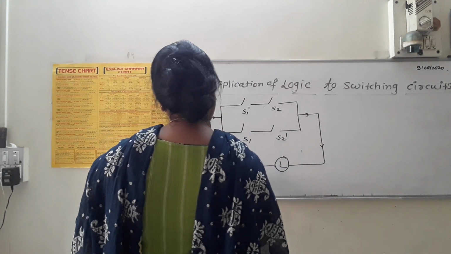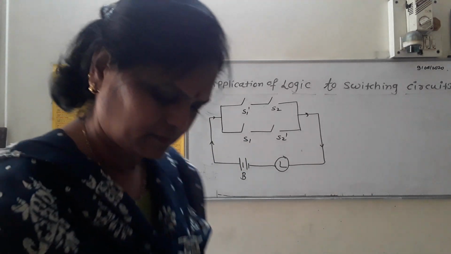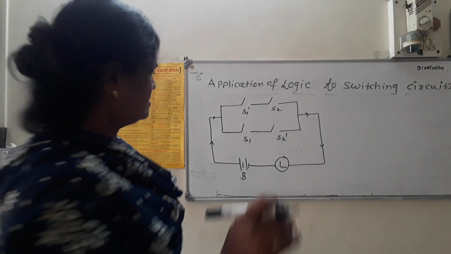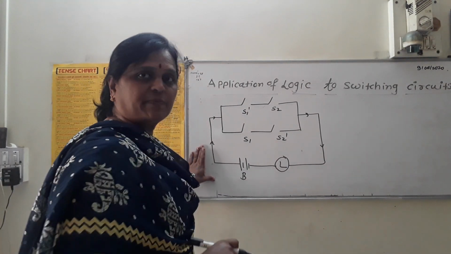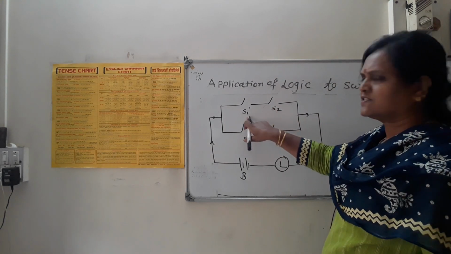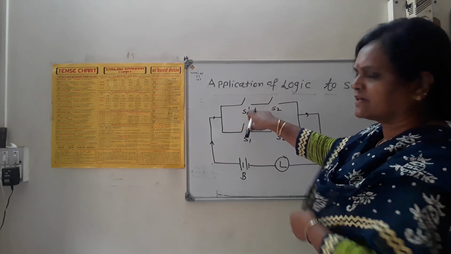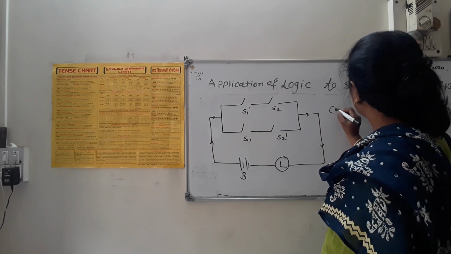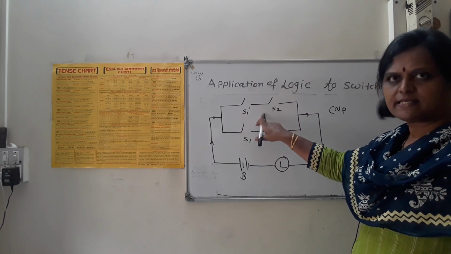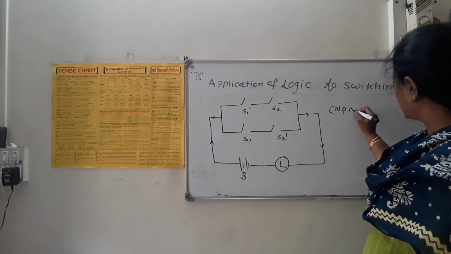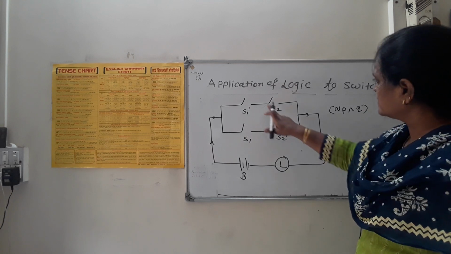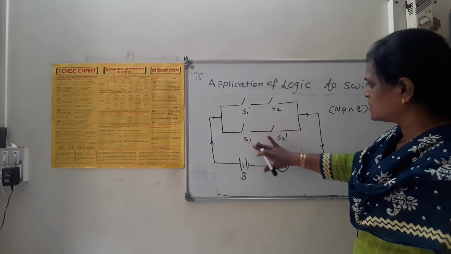Here is battery. Now see here, the circuit can be expressed as, here is S1 dash, H2. S1 means P. S1 dash means negation P. S1 dash and H2 are in series. So here series and again H2. H2 means Q.